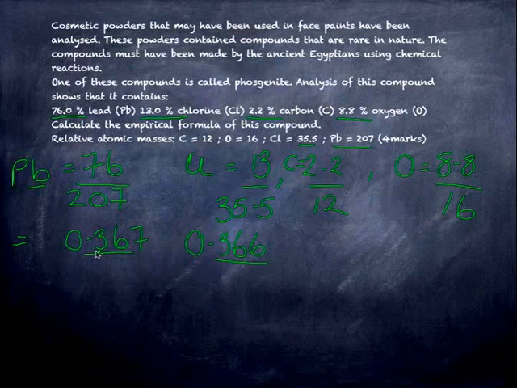Hopefully you notice that that is almost the same, so that will be a ratio of 1 to 1. When we look at the carbon, we have 2.2 divided by 12. That works out at 0.183. And when we do the same for oxygen, then it works out that we have 0.550.